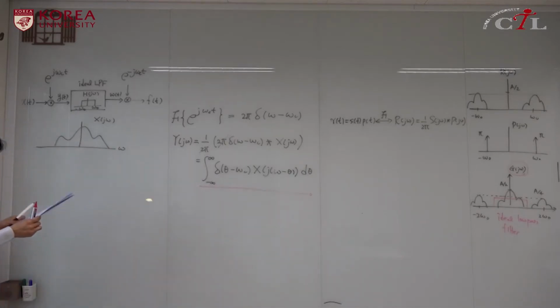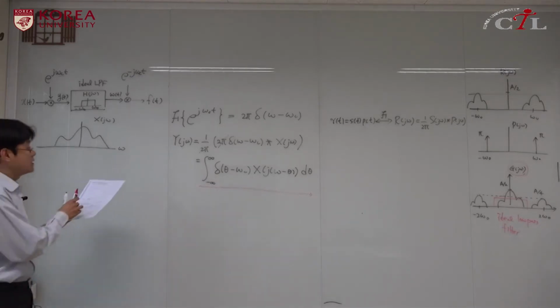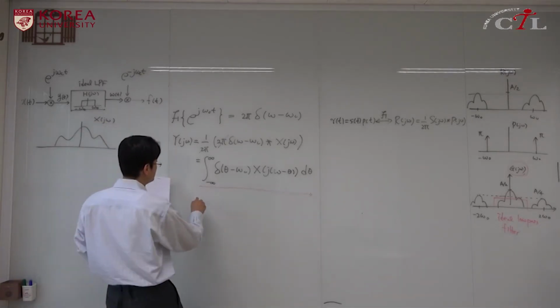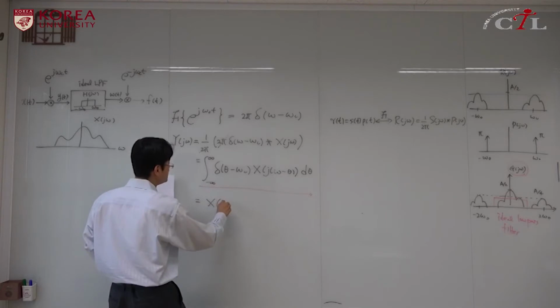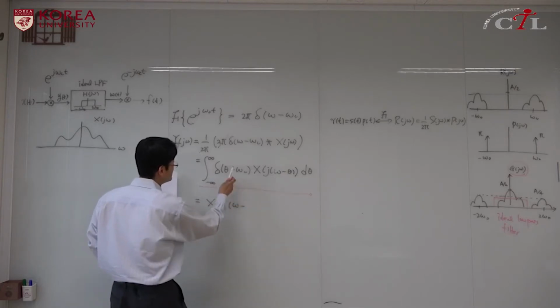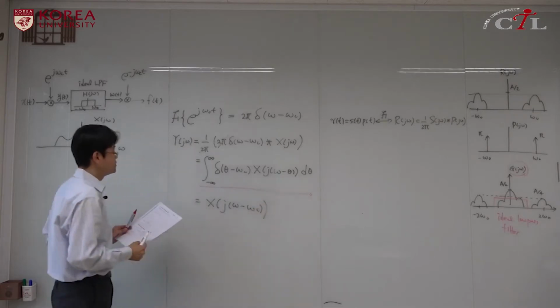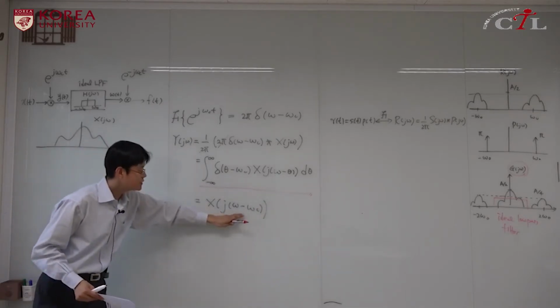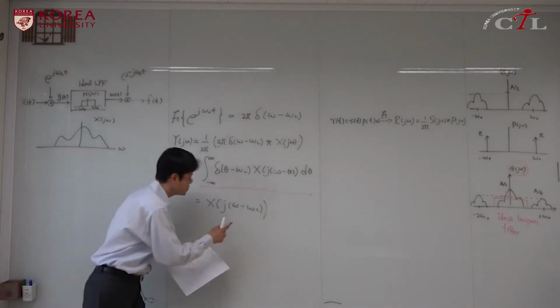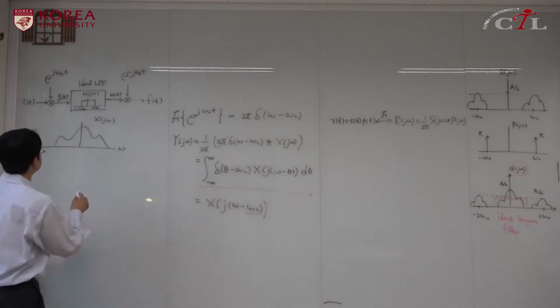So given Y, it is given to be X(j(ω − ωc)). So Y is simply the signal shifted by ωc. It's shifted by ωc.